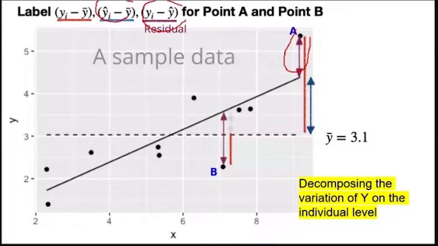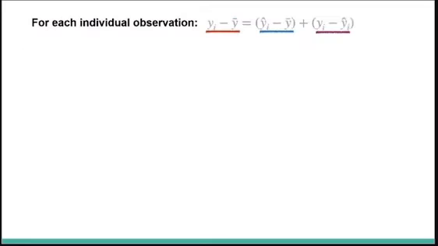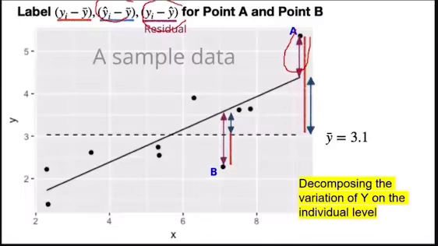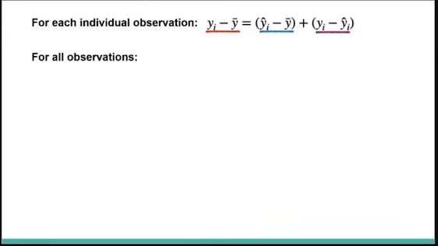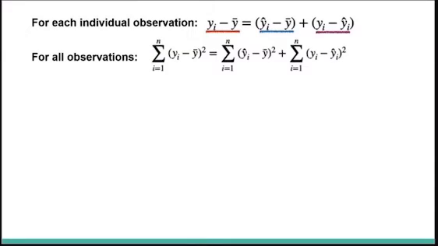What I'm trying to do here is talk about the individual-level decomposition. For an individual, I have not squared and I have not summed. But for all observations, I square and I sum. So this is for the individual one, and this is for all observations.